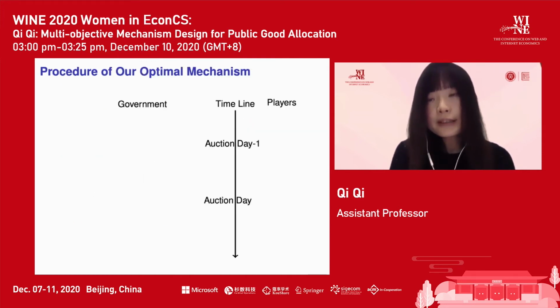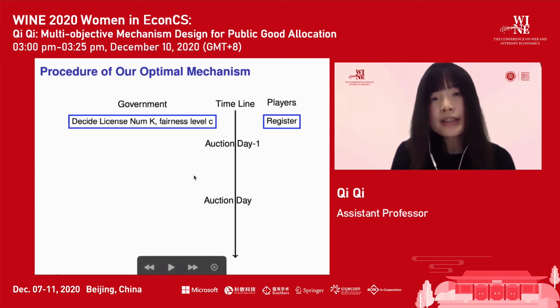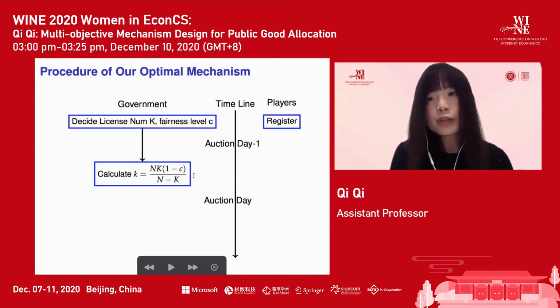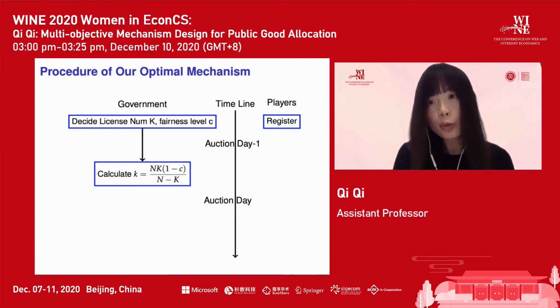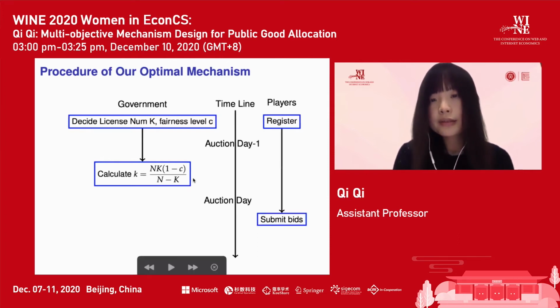Then the procedure is very easy. The government just decides the license number K and the fairness level, and the players just register. After all the players register, we will know the total number of participants, capital N. Then based on capital N, we can calculate how many players we will put in the auction.